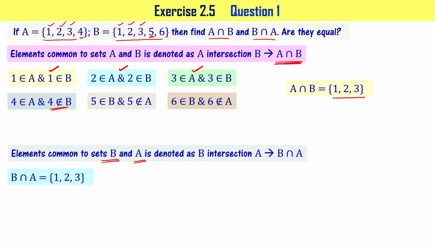That's why we can say that B intersection A is the set containing elements 1, 2 and 3. Now, B intersection A has elements 1, 2, 3, and A intersection B also has elements 1, 2, 3. That's why we can say that they are equal. A intersection B is equal to B intersection A. This is what we are asked to find.